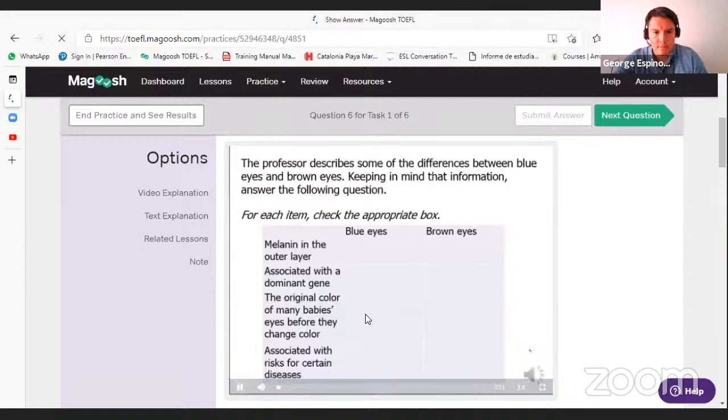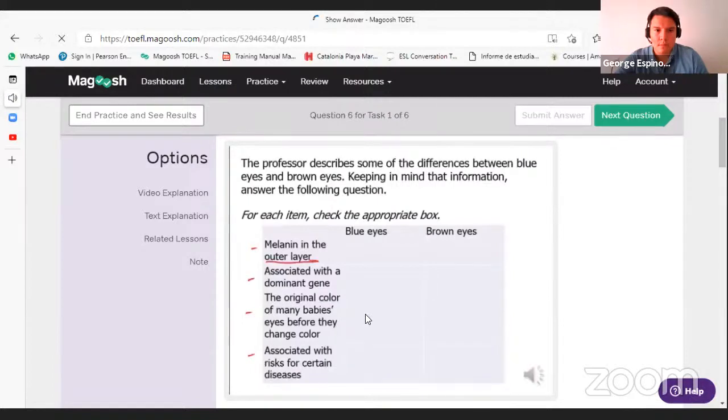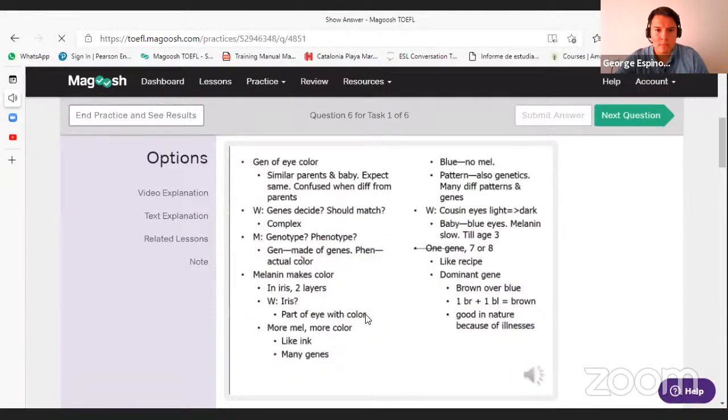Okay, we have 4 details here that we want to go through one by one and remember where they were in the lecture and what was said. So first, melanin in the outer layer of the eye. Well, we heard the professor talk about melanin making color, and then he started talking about how there are 2 layers of the iris. And the woman asked, well, what is the iris?